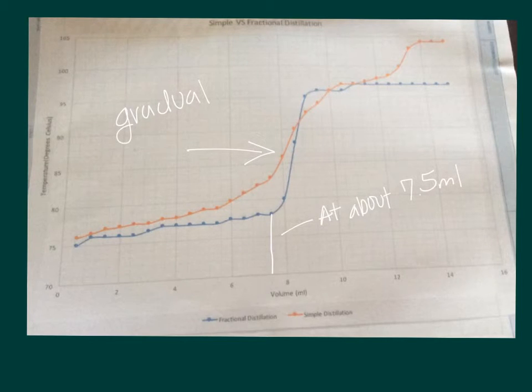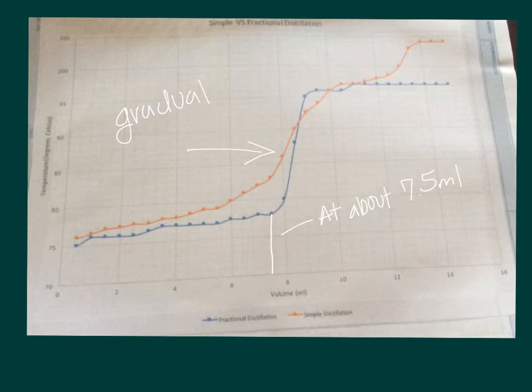The distillate was being collected at about 75 degrees Celsius and onwards to less than 80 degrees Celsius, and it was more consistent. But when you start to get closer to 8 milliliters, you start to see that there's a very drastic change in temperature. It goes from about 80 all the way up to the 90s and stays consistent before reaching the hundreds.